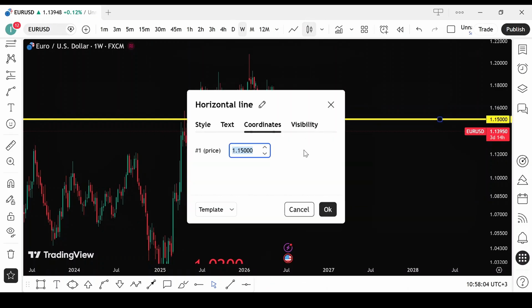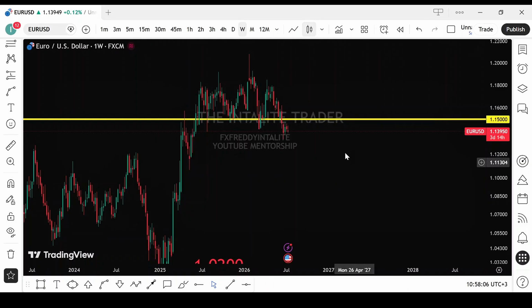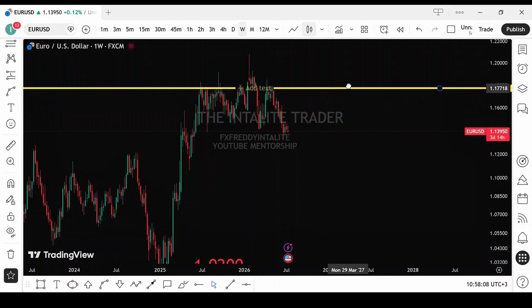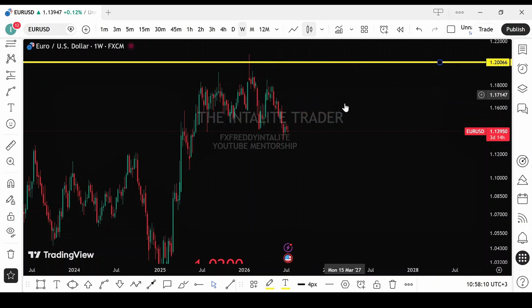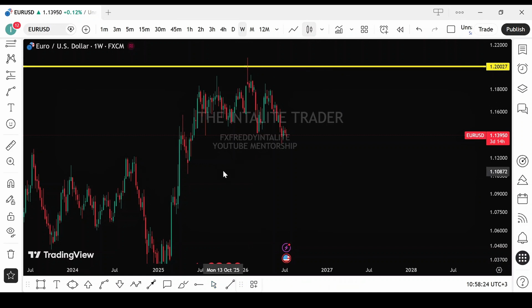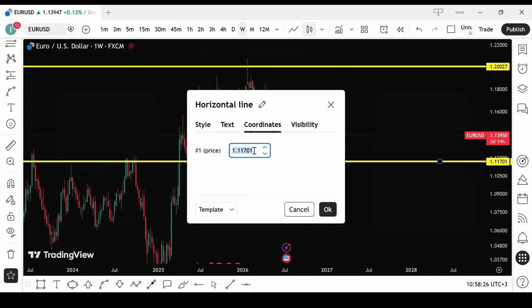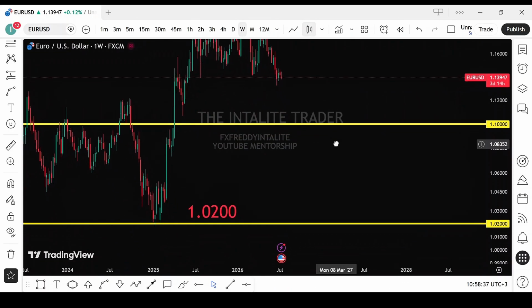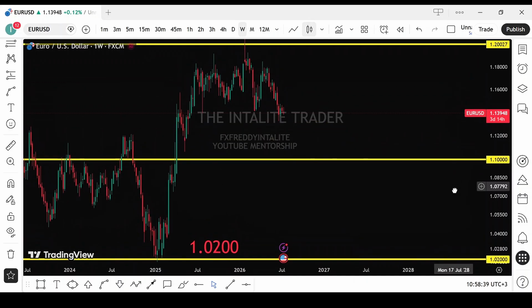If we again mark from here, this is 120, we then get another level here. If we put 1000, we have this as a round psychological level.